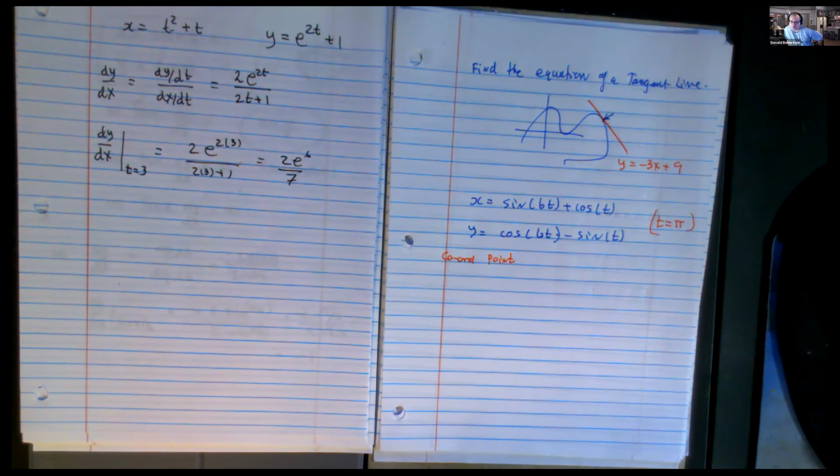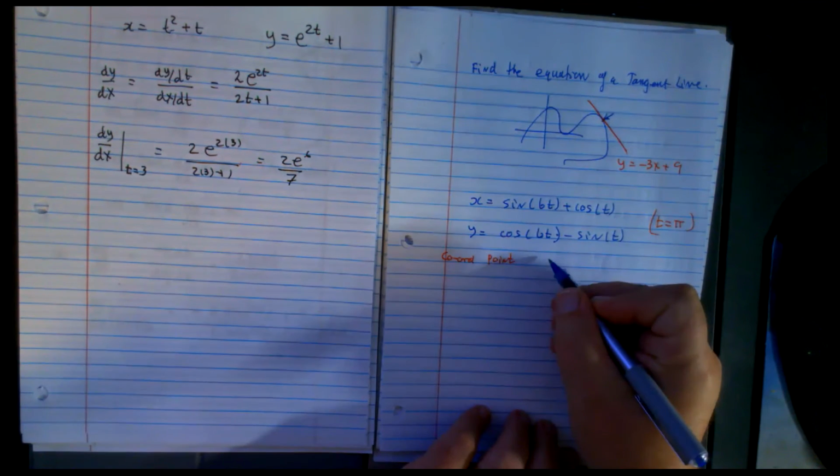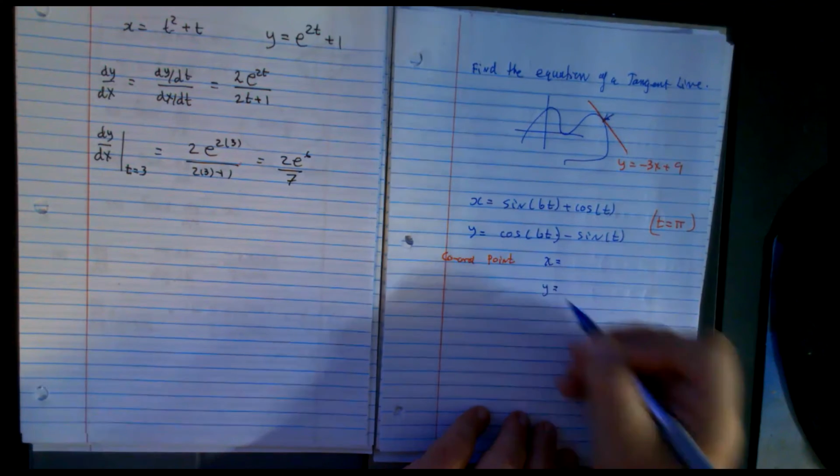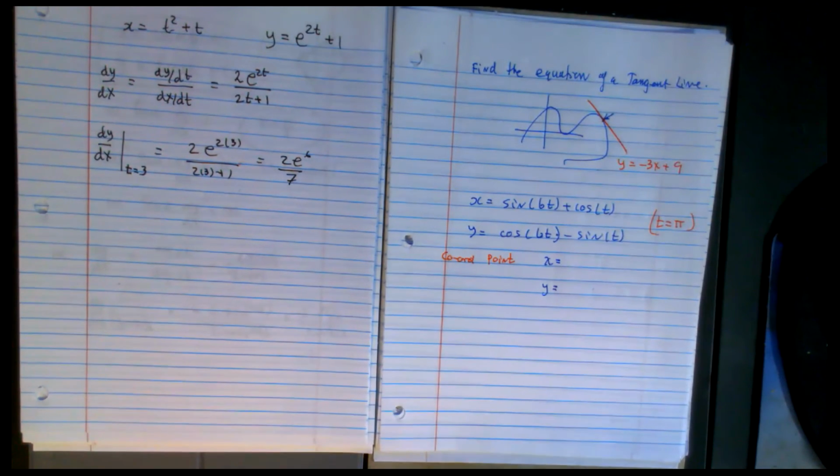How will I find the coordinates? You're going to have to find out what values for the t are going to get you to that point on the curve on the xy. That makes sense. Yeah.